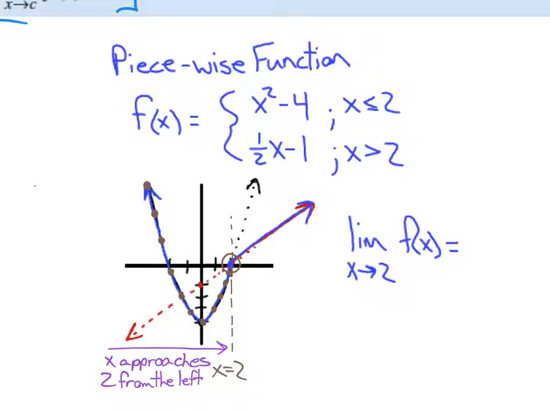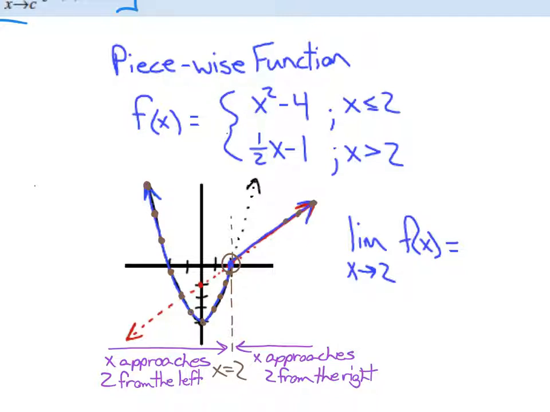Now, we can also approach 2 from the right. So x approaches 2 from the right. Again, let's look at this. Let's go to the furthest right of this graph that we can see, and you'll see we're up here.